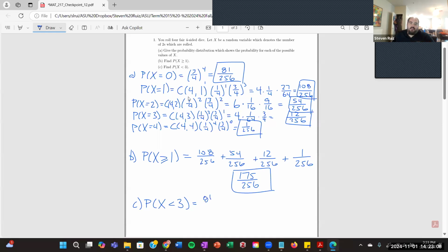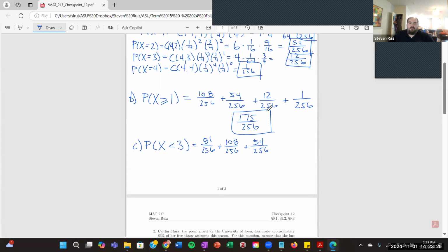So I want 81 over 256 plus 108 over 256 plus 54 over 256. So the probability that I roll 2 or fewer heads is going to be 189 plus 54, which is 243.